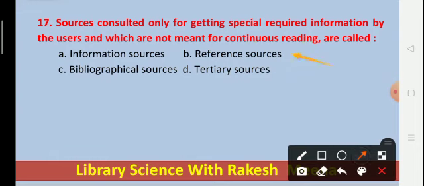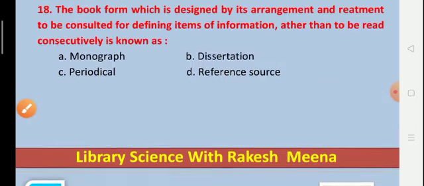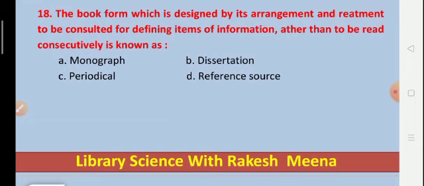Next question is question number 18. A book which is designed by its arrangement and treatment to be consulted for definite items of information, and not to be read consecutively, is known as.